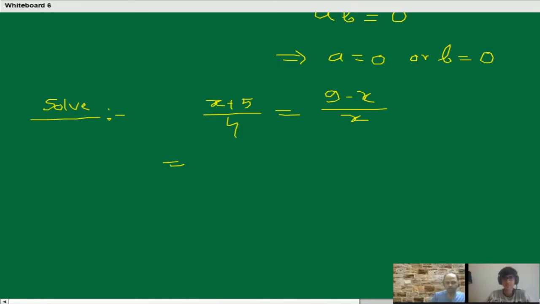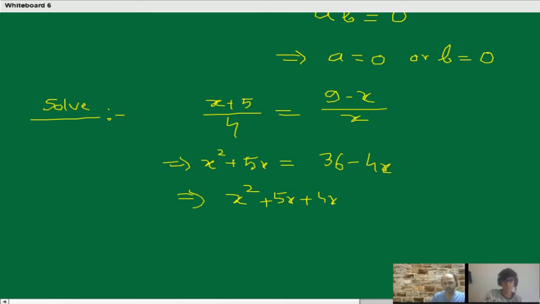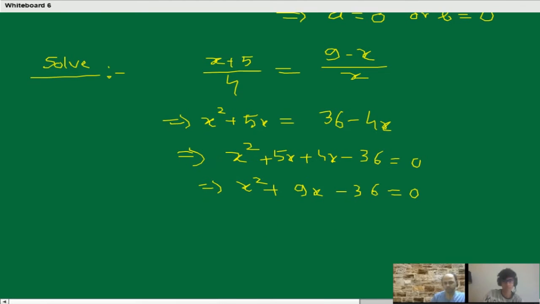Okay, so what we have to do here is just cross multiply. So we'll be getting this one. That's what I did. And after that, we have to bring them to one side. After that, we have to find two numbers that when they add or subtract each other, we get 9, and when we multiply those two numbers, we get minus 36.